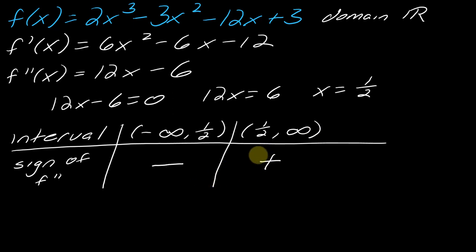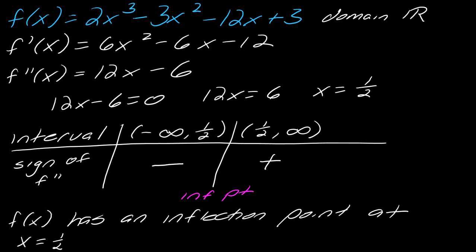All you're looking for for a point of inflection is whether the concavity changes. In this case, I'm going from negative to positive, therefore the concavity changes. So therefore, 1/2 is an inflection point. What this means is f of x has an inflection point at x equals 1/2.